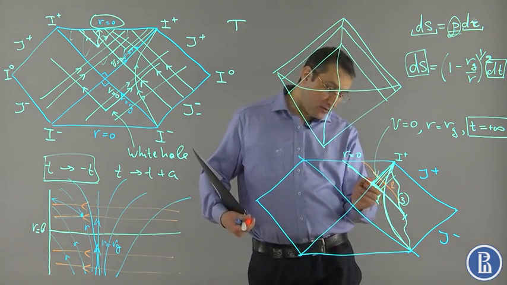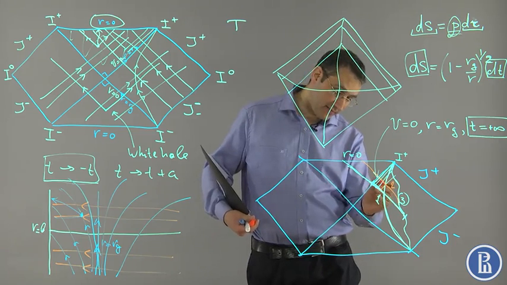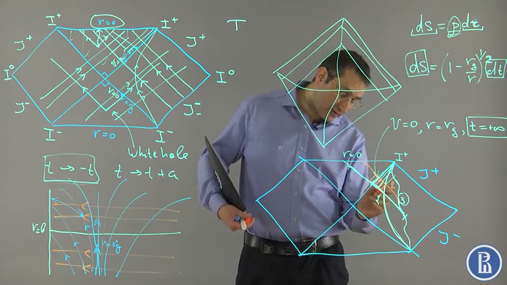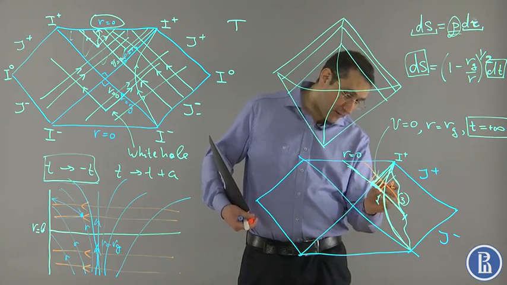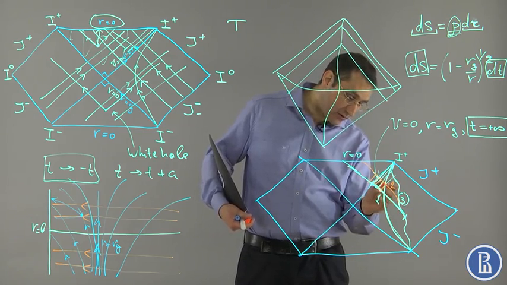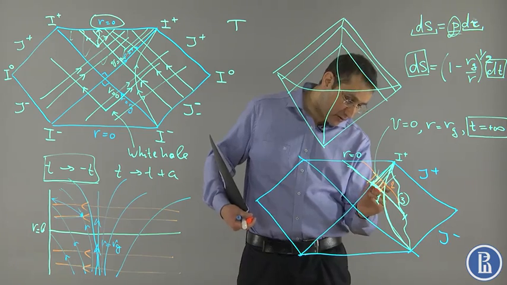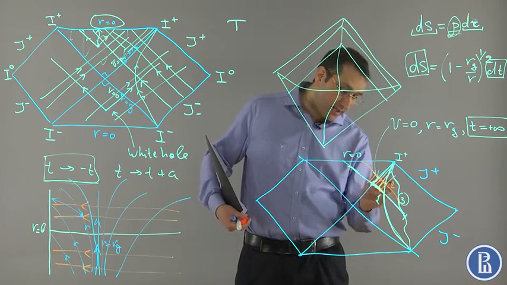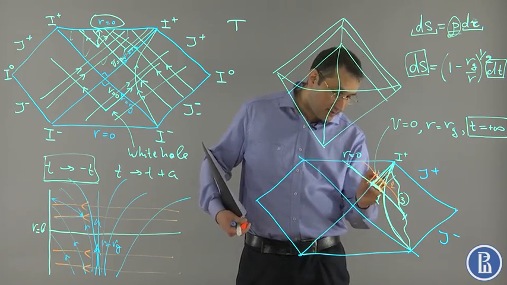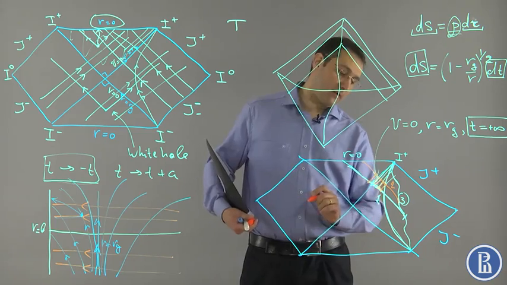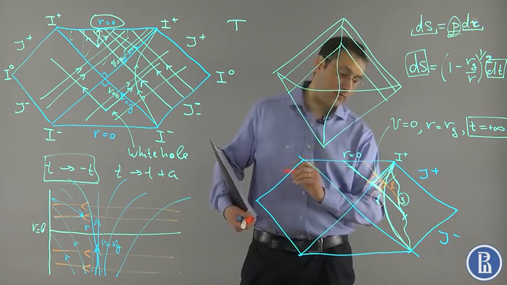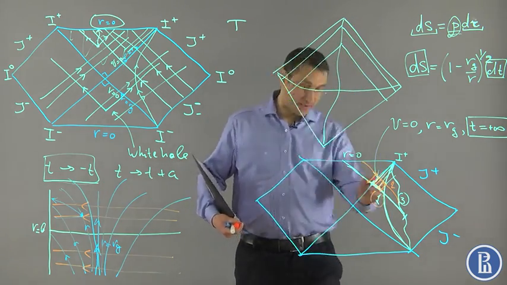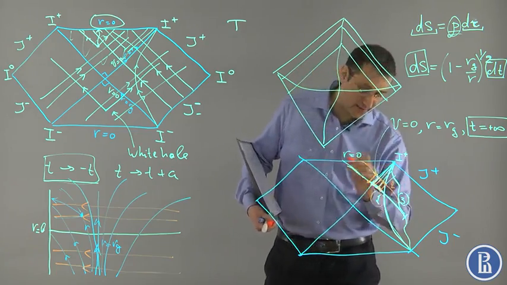This guy would never lose this body from his sight because he would always receive light rays coming from it. He will see this body outside of the horizon while observer number 2 stays outside of the horizon. But when he crosses the horizon, then he will start receiving the light rays emitted by body number 1 after the crossing of the horizon. So he never loses it from his sight.